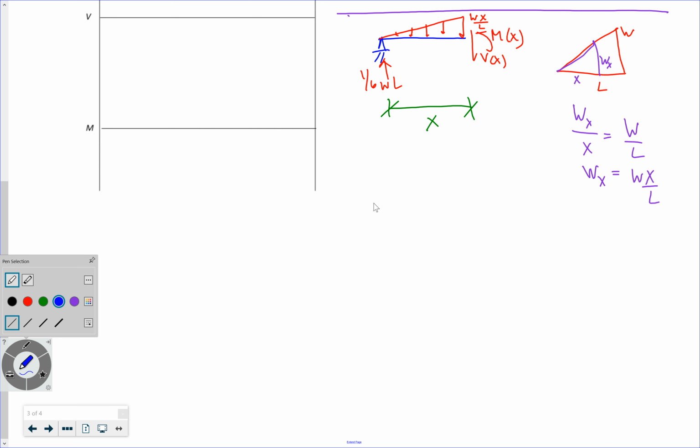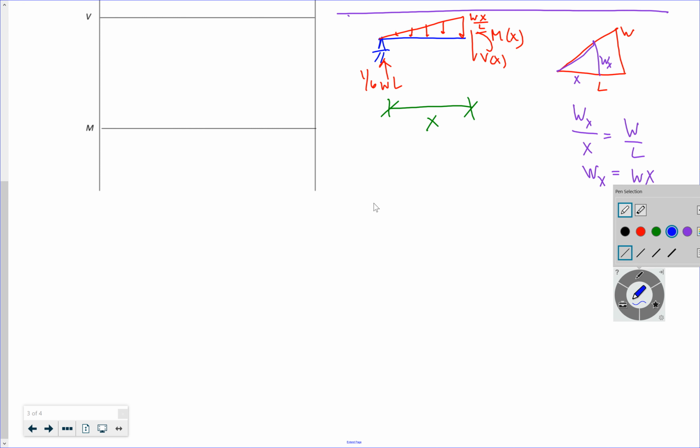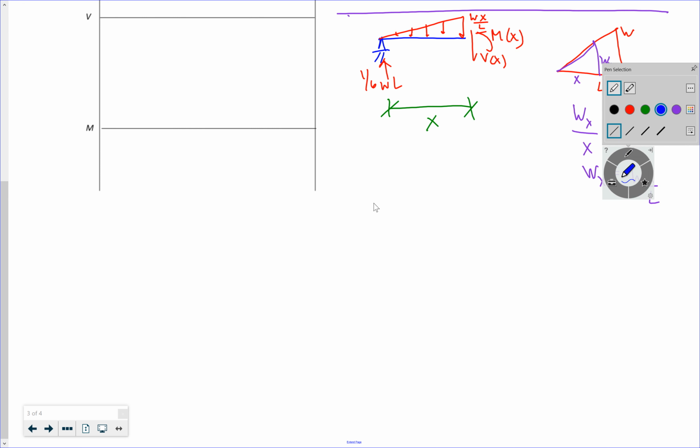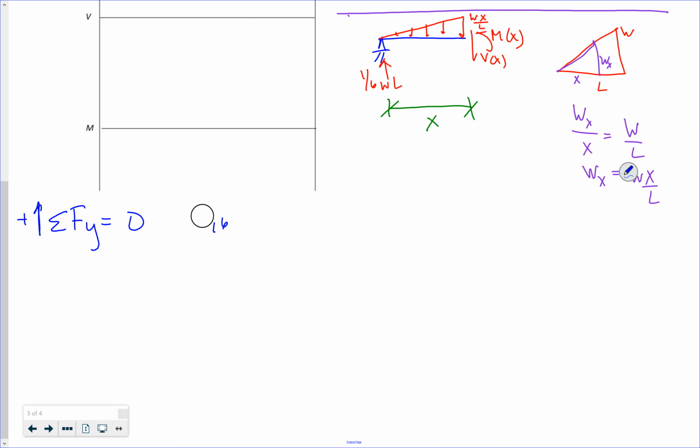Let's take the sum of the forces in the y direction. I've got acting up WL over 6, right?